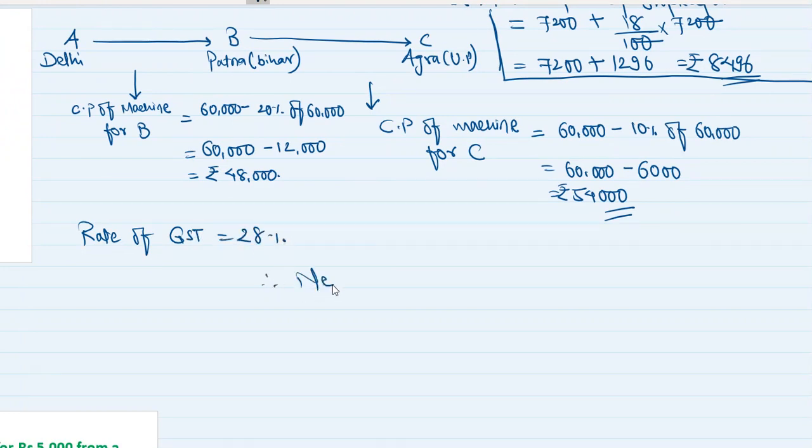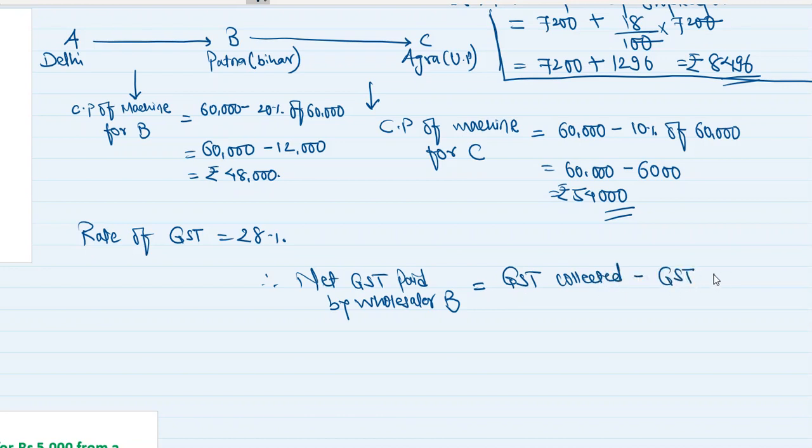Therefore, net GST paid by a wholesaler B, wholesaler is the B, right, is equal to GST collected minus GST paid. Okay, so how much GST is he collecting?